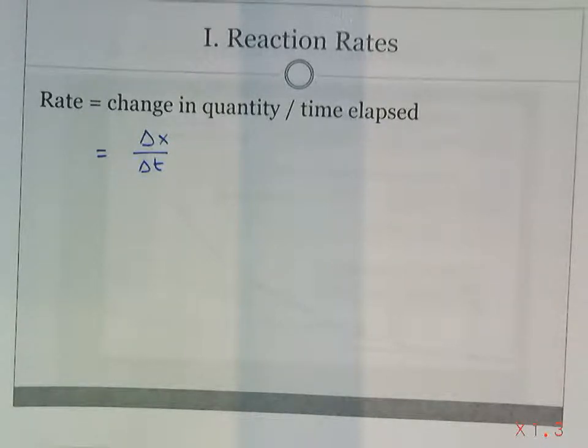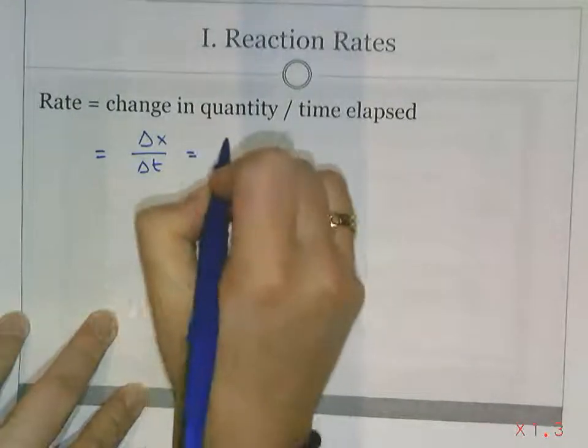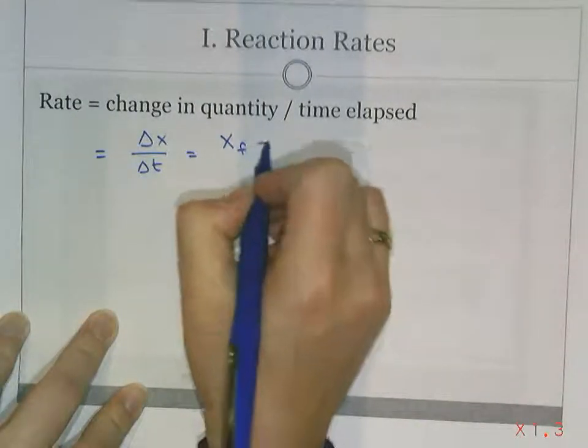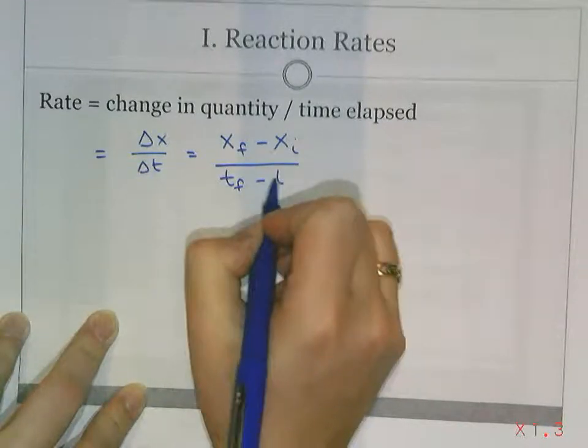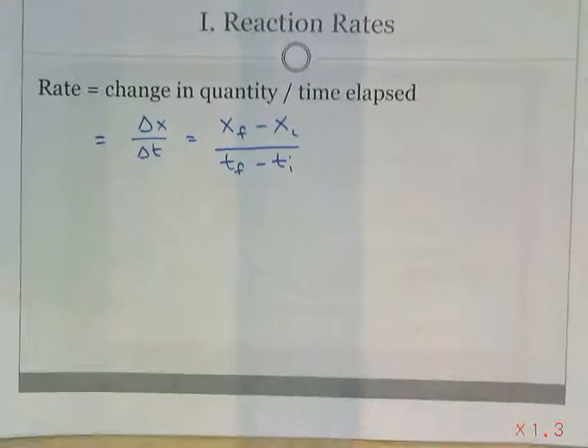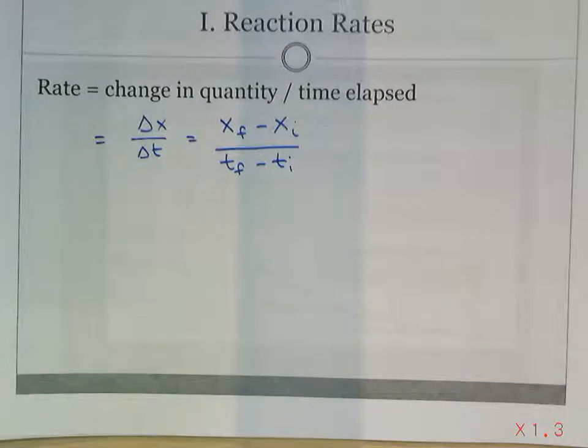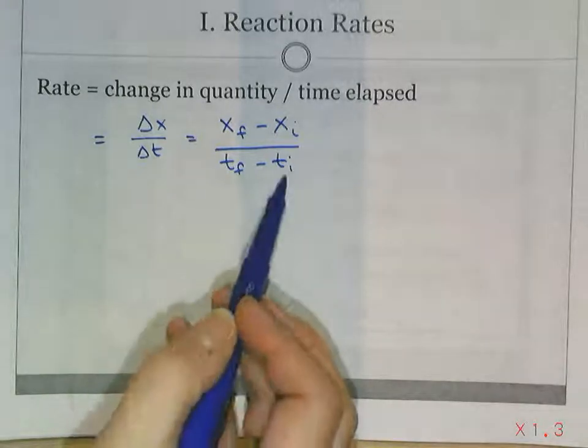Which, if you want to be more specific, right, it's final minus initial. That's what change in is, delta t, delta x. Whatever concentration maybe you end up with minus how much you started with. Final time minus initial time will give you how long it took.